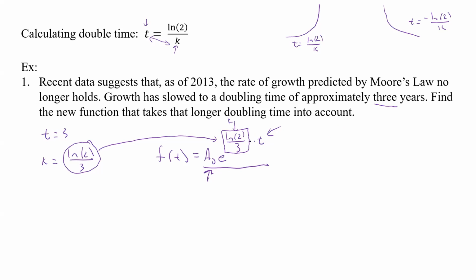You'll put in whatever that value is. But for exactness, ln of 2 over 3 is more exact than rounding to some decimal place. And so I think that's what we should be doing most of the time. Put ln of whatever you're doing, 2 or 3 or 4, over whatever the number is in the denominator. Maybe it's a decay and you have a half-life of 80 million years, so put 80 million years on the bottom.